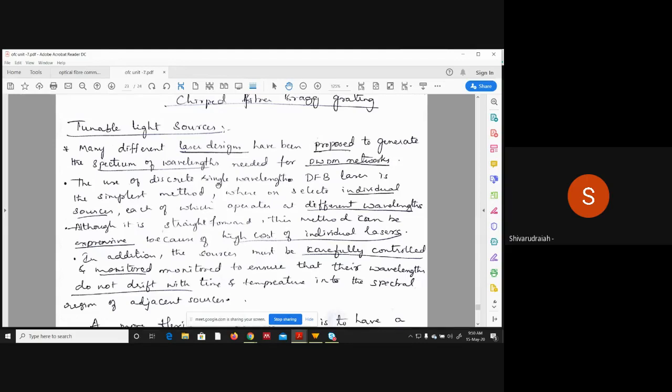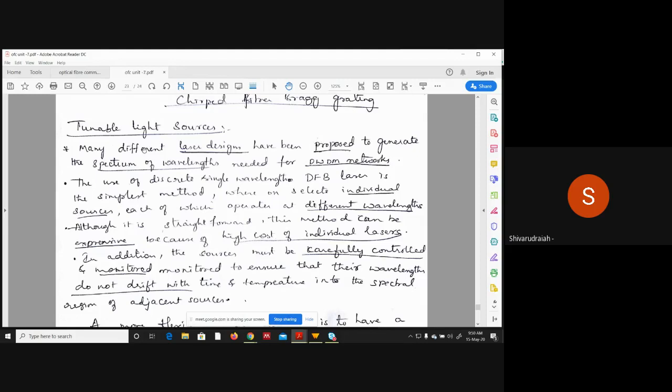That is different. Here we are going to understand how the optical sources are used, and how the optical sources, especially the laser source, can be tuned. How do we achieve this tunable property with respect to the laser source or light source? That is what is being discussed here.